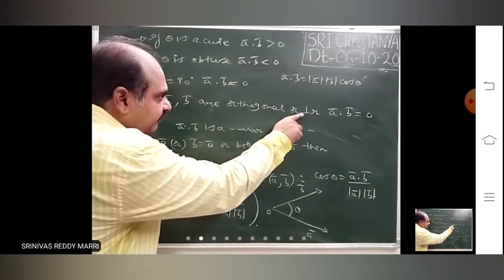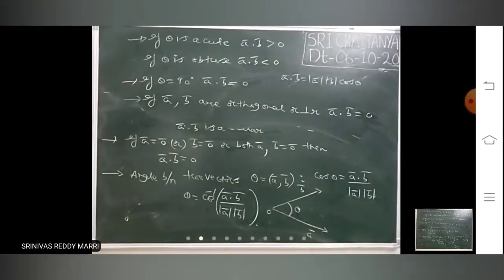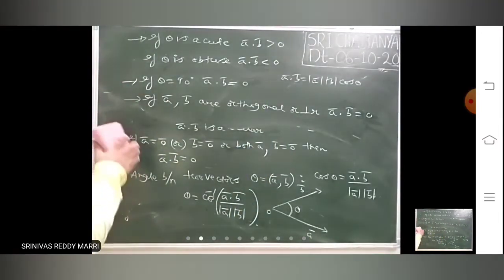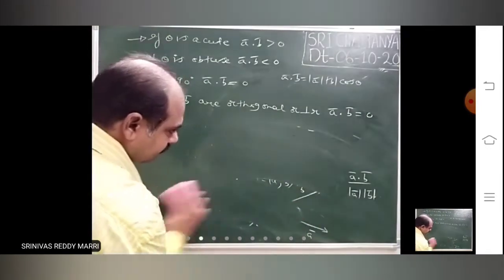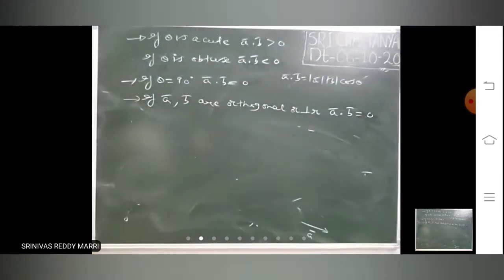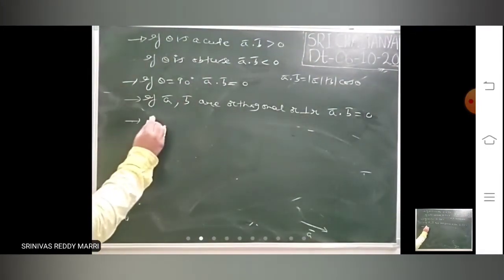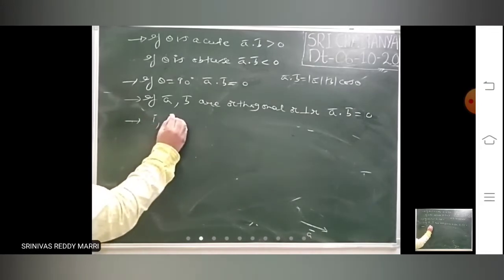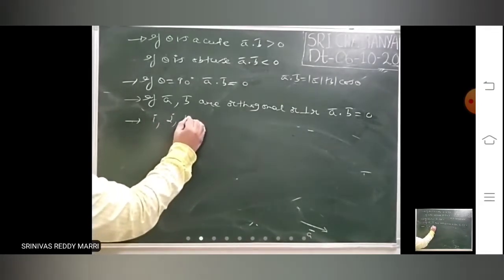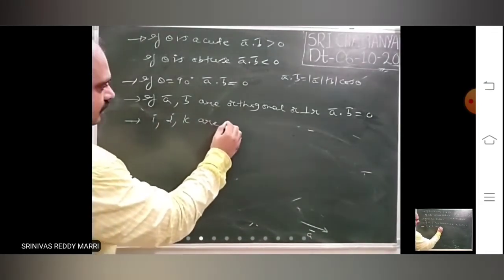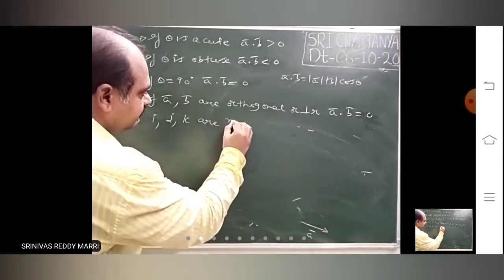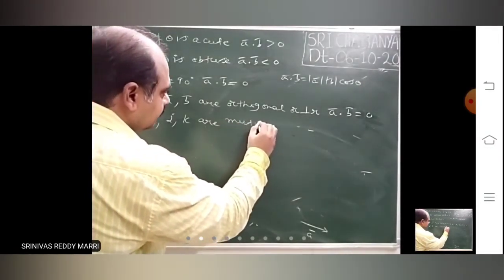Whenever perpendicular is given, write the dot product equal to 0. Now, you know about i, j, k, which are mutually perpendicular.